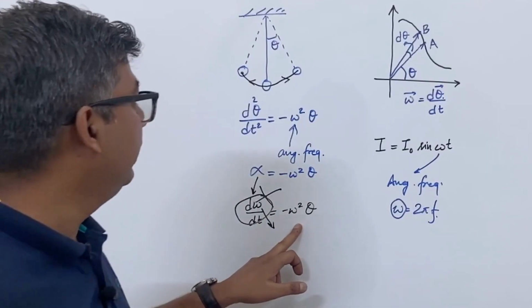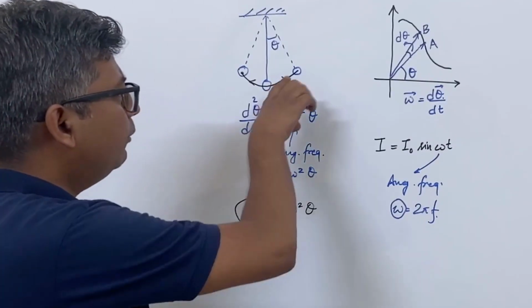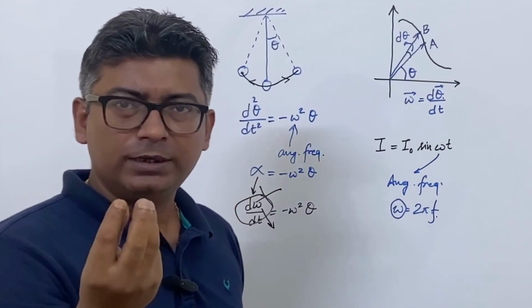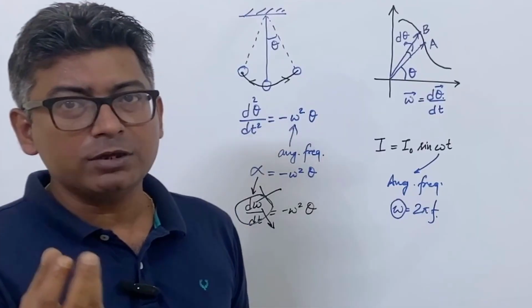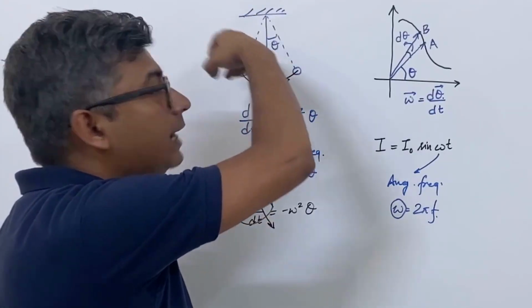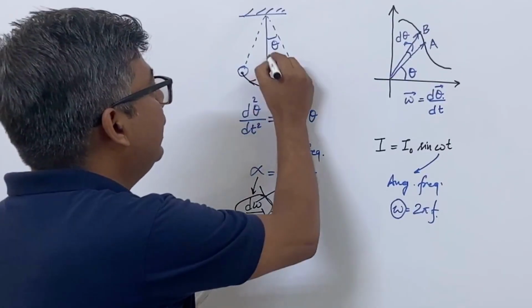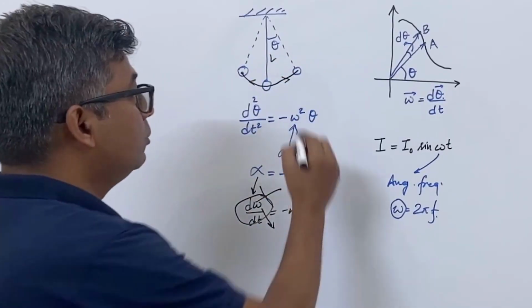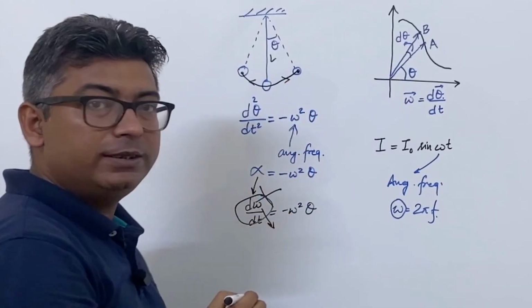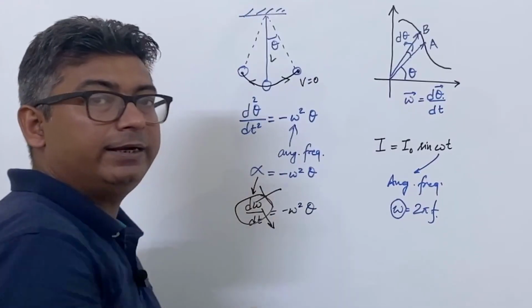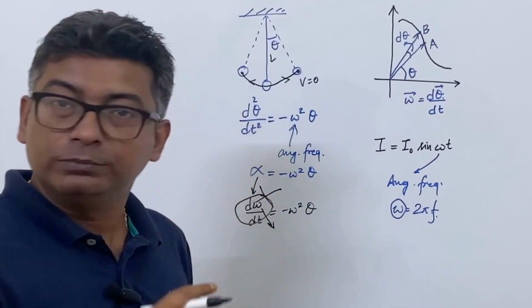Let me make this clear. For example, how do we understand the angular velocity? If we know the linear velocity and the point about which the rotation or revolution is happening. For example, the length of this string is L. At this extreme position, what is the velocity? Velocity is 0. That means at this instant, angular velocity is 0.